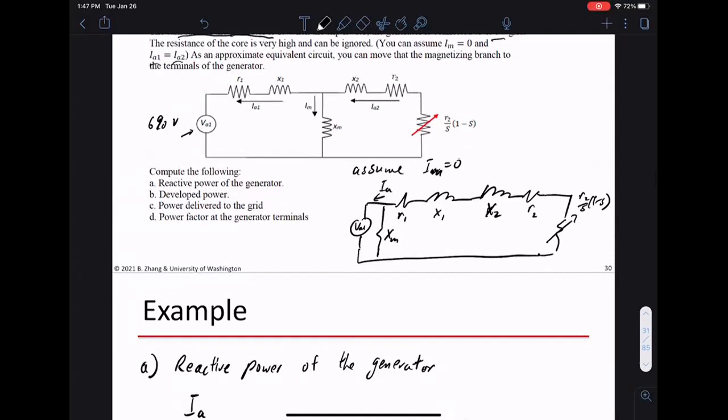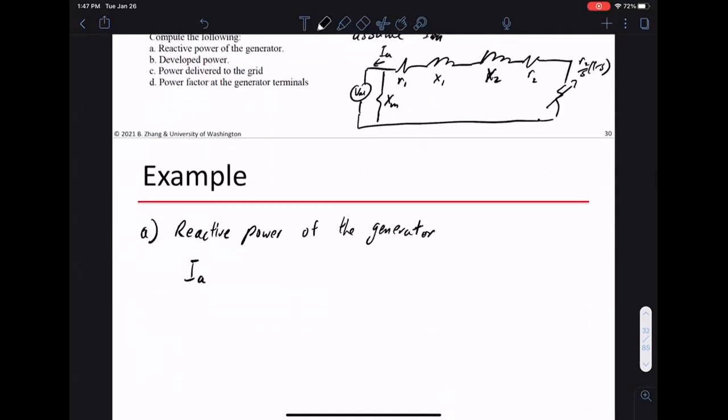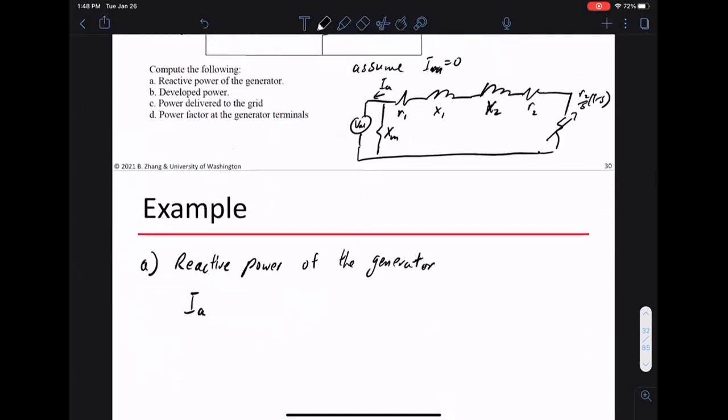This current is not very hard to find. Our current is basically given by the voltage over the equivalent impedance. To be precise, these are phasors, so let's write them in phasor notation.